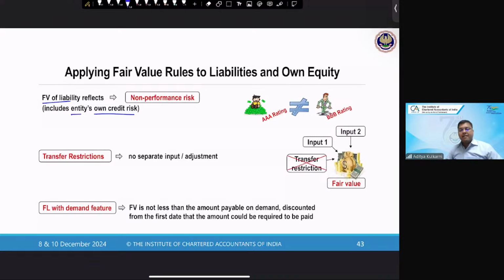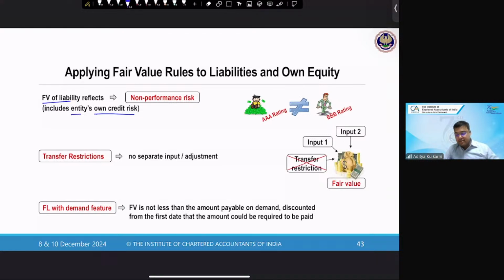Suppose I have issued debentures and I need to do the fair valuation of that. When I do the fair valuation, I will arrive at some value, but that value should reflect my credit rating. I cannot take, for example, if I am an unlisted small entity, the same assumptions that Tata Capital has used for its debentures issue.